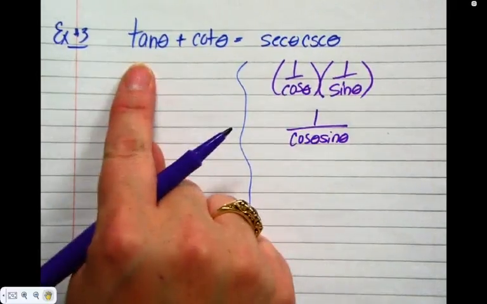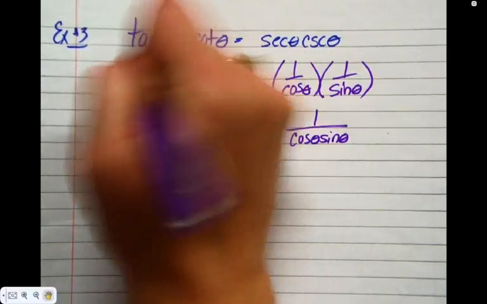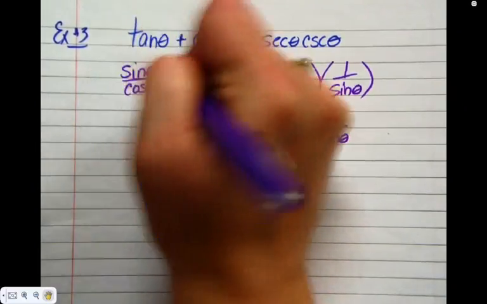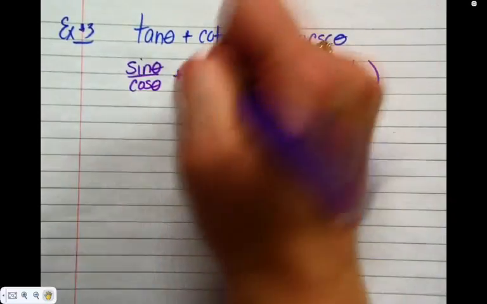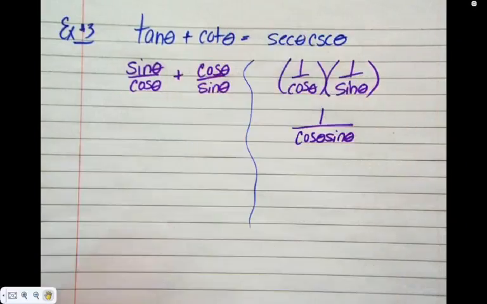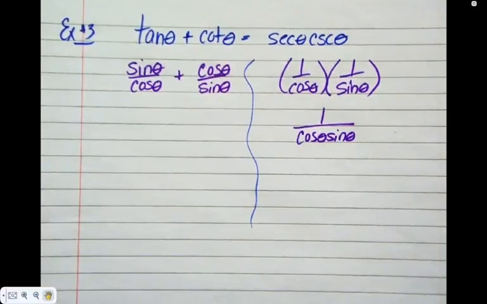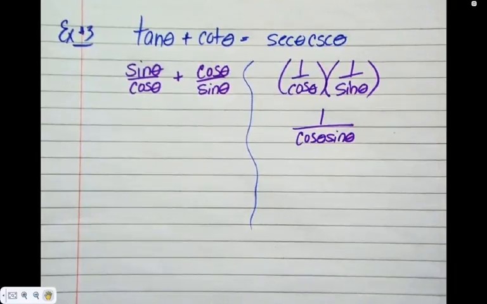Okay, tan comes out. What's going to go in its place? Sine over cos. Cotan becomes? You can already hear some light bulbs going off. Okay, we're adding fractions. What's the common denominator between cos and sine?